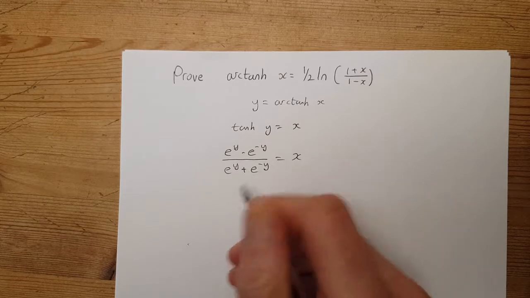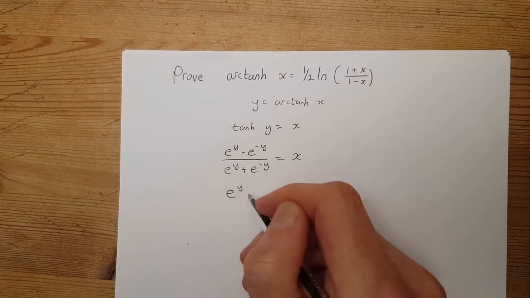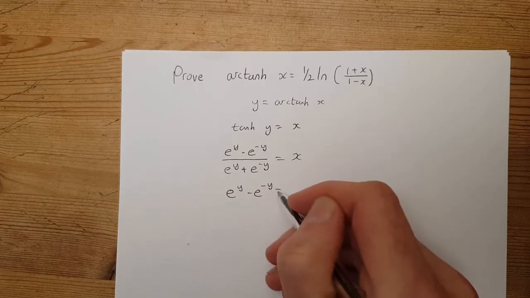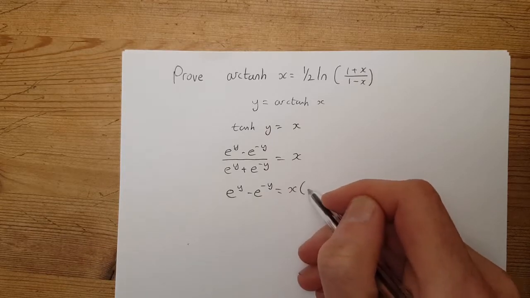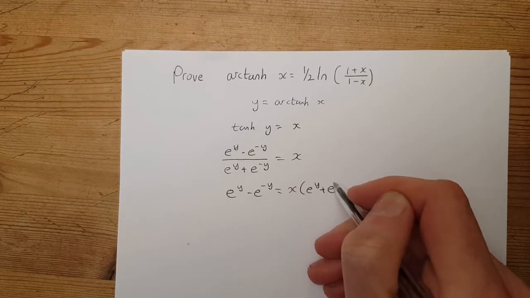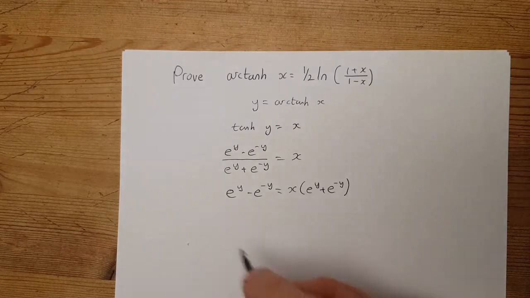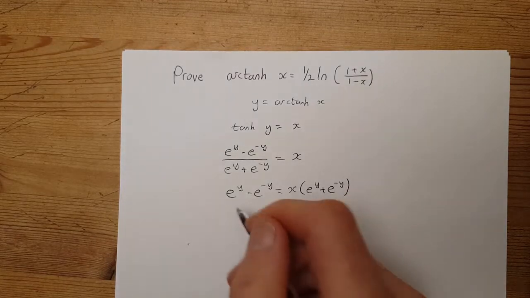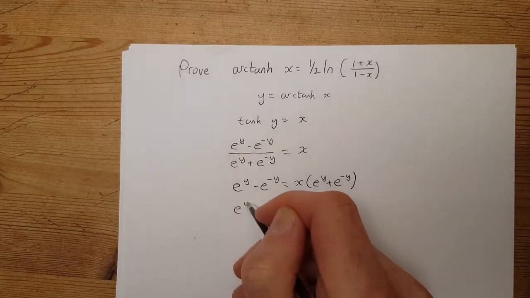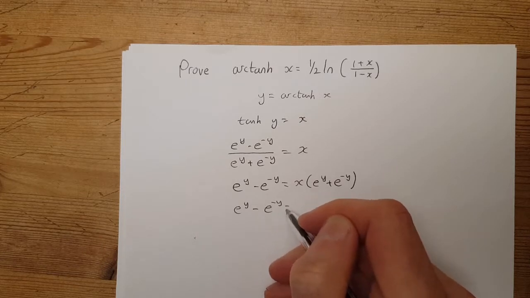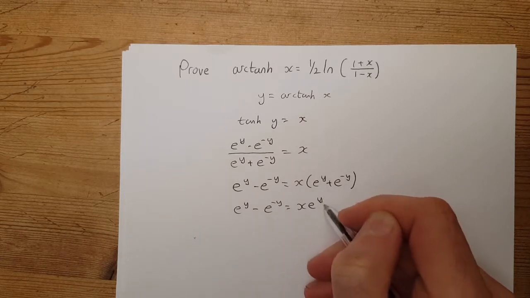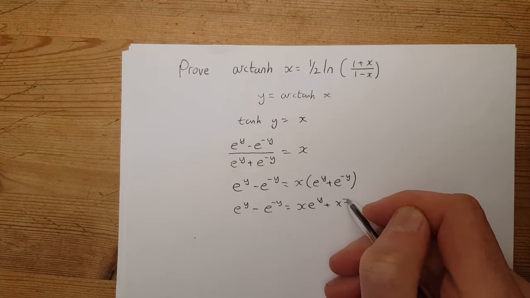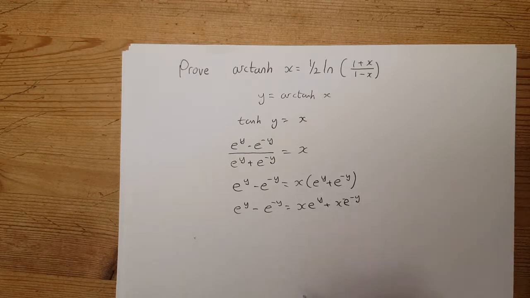Multiplying by the denominator on this side, I will get e to the y subtract e to the negative y equals x, brackets, e to the y plus e to the negative y. Expanding out the bracket, you can see that e to the y subtract e to the negative y equals x e to the y plus x e to the negative y.